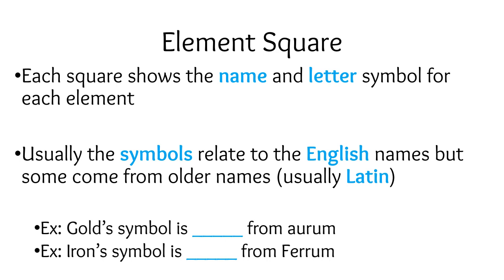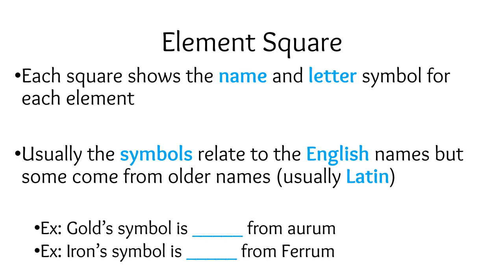That's what we use for our formulas and our reactions. These symbols are normally related to their English names, but not always. Some of their names come from older names, normally Latin, so their symbols don't quite match up with their English names.